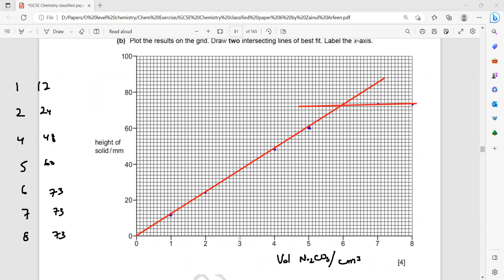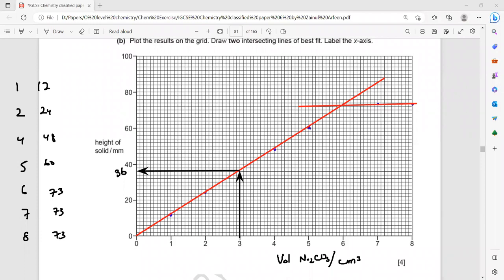So we draw a line from 3 cm cube and find the height of the precipitate. Each box is representing 2. So this is 2 boxes below, that is equal to 36. So height of the precipitate when we are using 3 cm cube is 36.